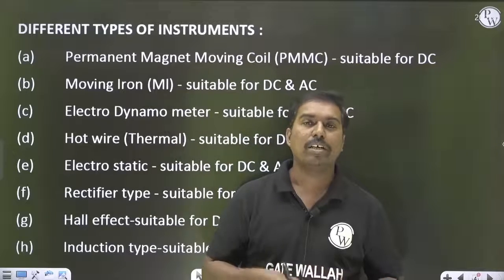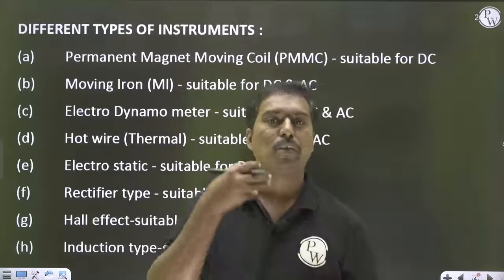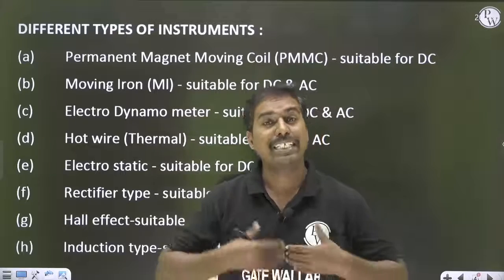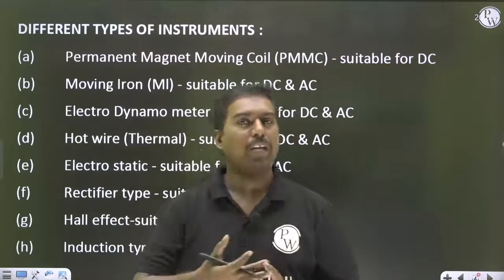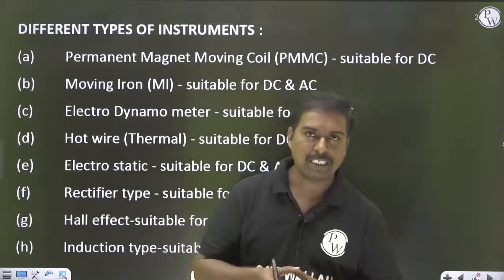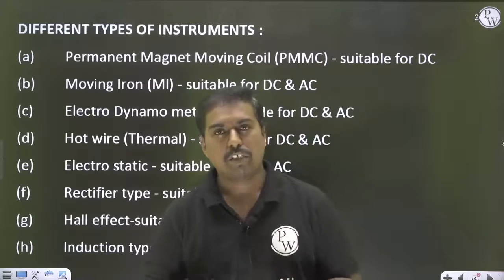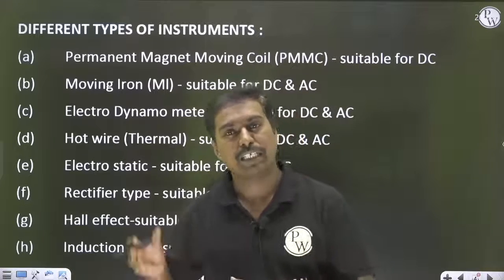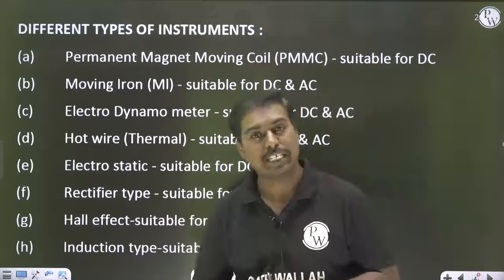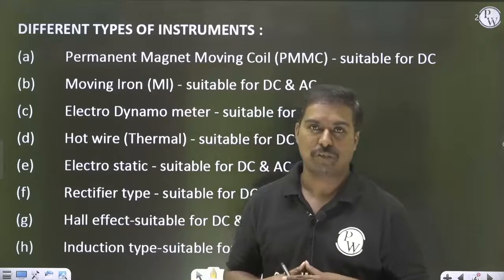Whereas in recording instruments, the present value is going to be recorded as a graph. The best example is the CRO. Whereas in integrating instruments, the value is accumulated over a period of time, not only the present but also upcoming data. In today's lecture, we will first cover mostly the indicating instruments. Of course, the energy meter comes under integrating instruments. Most of the remaining instruments come under indicating instruments.